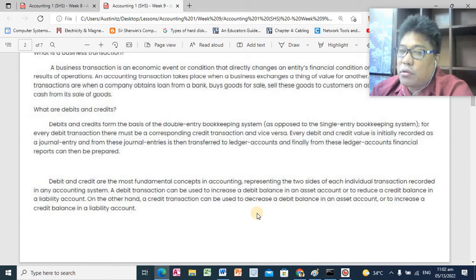A debit transaction can be used to increase a debit balance in an asset account, normal balance, or to reduce a credit balance in a liability account. On the other hand, a credit transaction can be used to decrease a debit balance in an asset account or to increase a credit balance in a liability account. Increase normal balance is credit, liability.